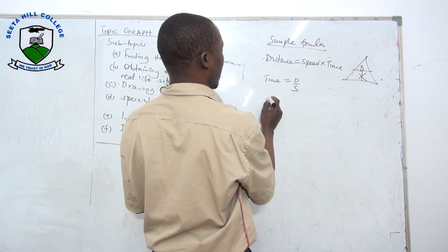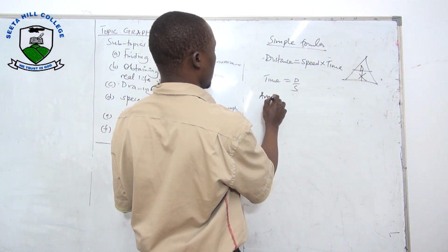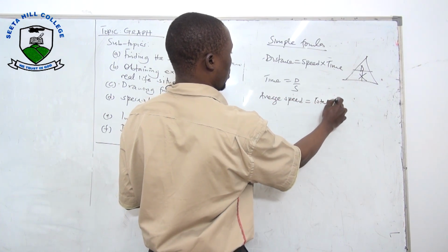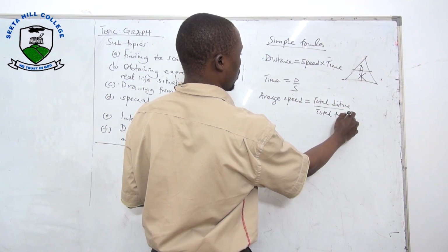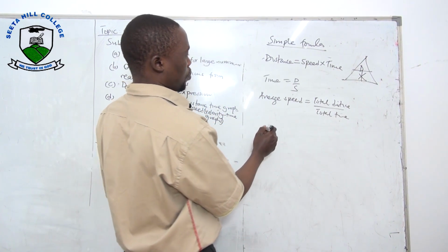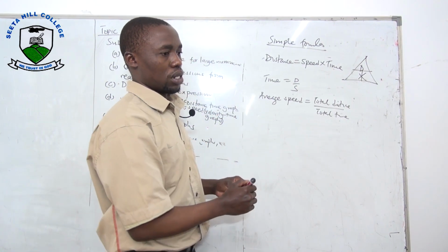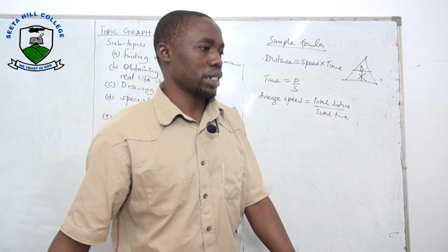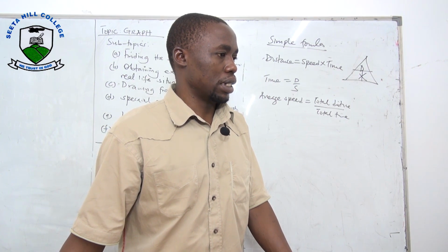Average speed is equal to total distance divided by total time. That's right. Okay. Now, can we convert units from meters to kilometers, kilometers to meters?